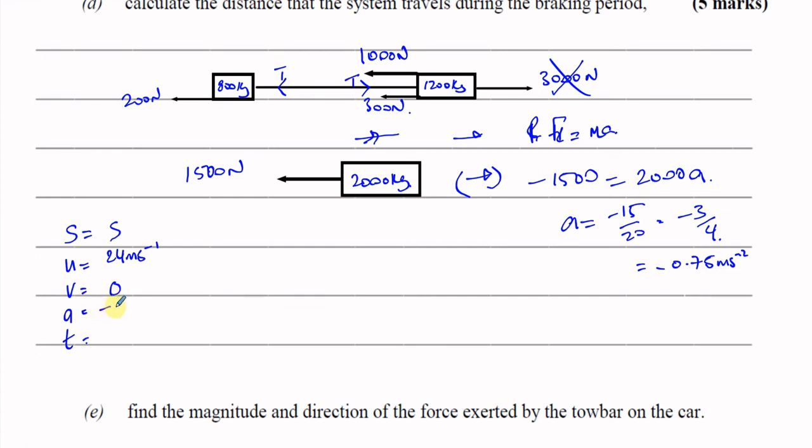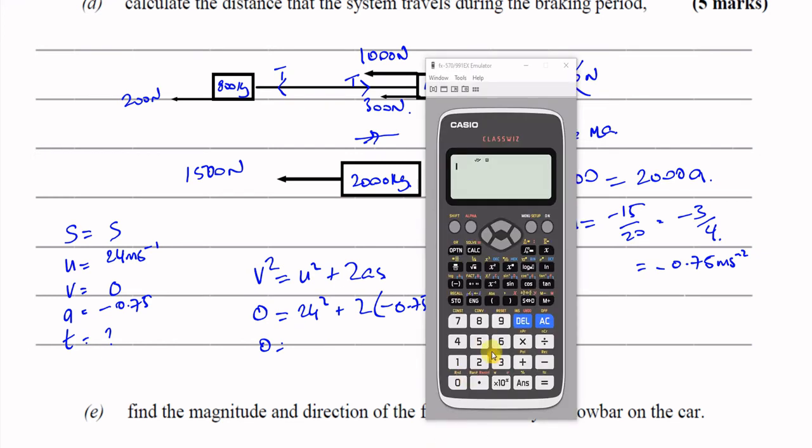I don't think we need the t. We can see we've got S, U, V, and A, so we can use V squared equals U squared plus 2AS. So we've got 0 equals 24 squared plus 2 times negative 0.75 times S. 24 squared gives us 576.